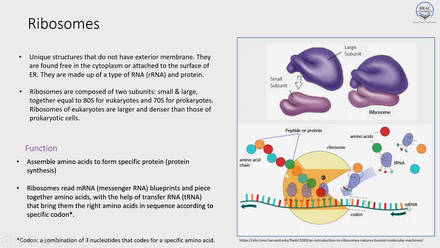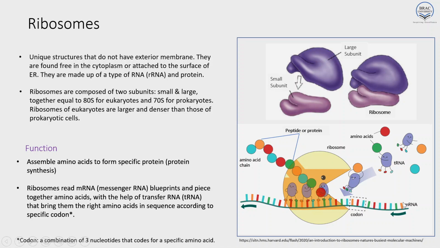So this figure, in a nutshell, represents the translation process, that means the protein synthesis process. So this big guy, the Pac-Man, is the ribosome, and these little guys are transfer RNA. And this strand, this single nucleotide strand, is mRNA. So RNA are basically single-strand nucleotides, and DNA is double strand.